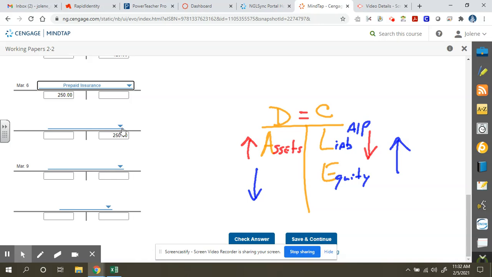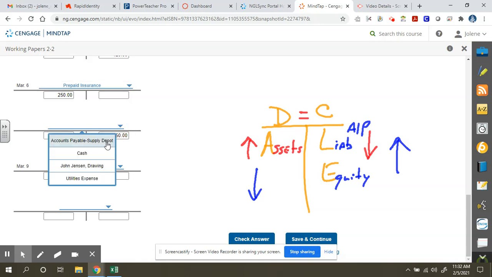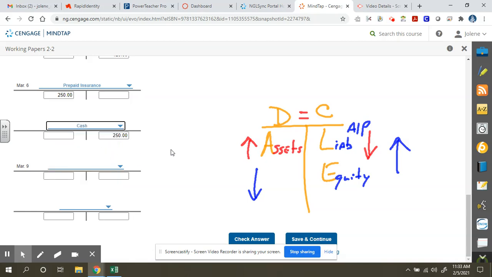Now, the credit side, our options are Supply Depot, which it doesn't say anything on this one about. It does say cash. It does not say that he took his money out for personal use, and it does not say utilities. So it has to be cash. He paid cash. He exchanged one asset for another asset. So the up arrow here would be for the insurance policy. The down arrow here would be for the cash that he had to pay out. His cash reduced.